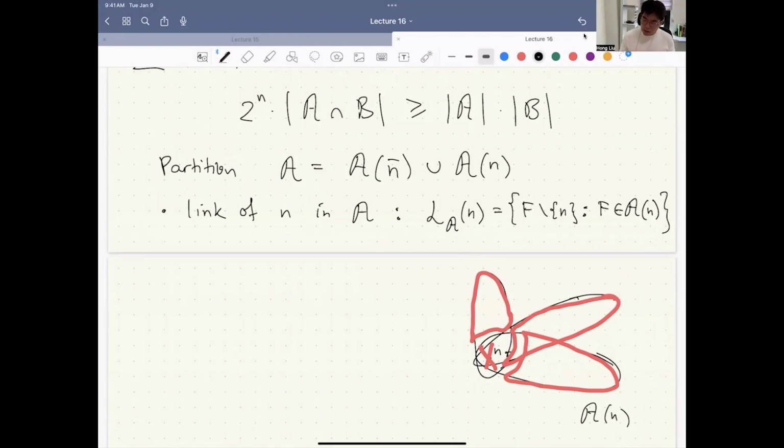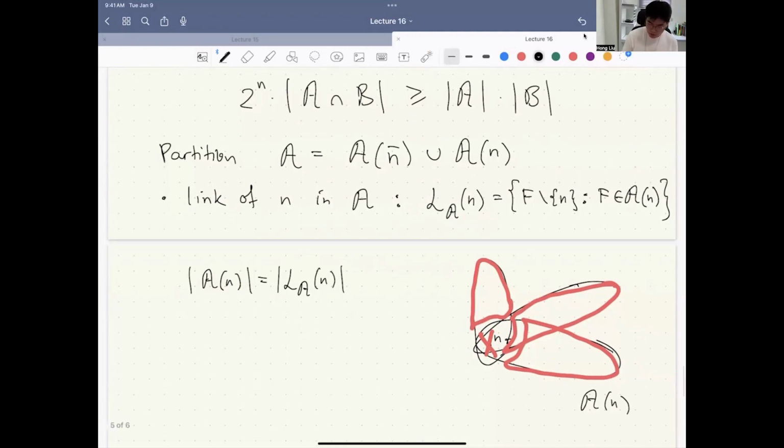Now, the key thing is that however many sets are in A_n, you will get the same cardinality in the link of A_n. The number of sets is the same, as I simply remove n from all those containing n. So easily, the size of A_n equals the size of the link of A_n. Now, what's good about it?